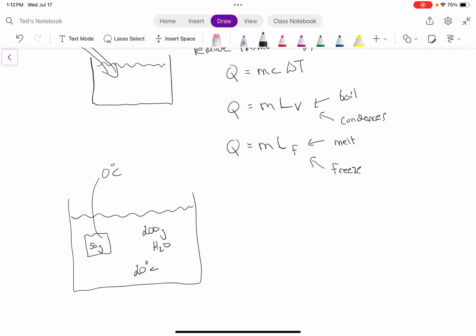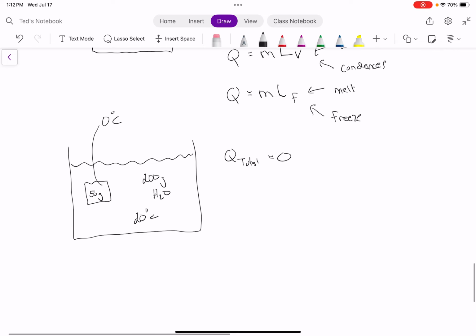The question is, what will the temperature be after all the ice is melted and the ice has reached an equilibrium temperature with the rest of the water? So again, we're going to use the idea that Q total is equal to 0 because it is an isolated system and there's no work being done to add energy to the system.